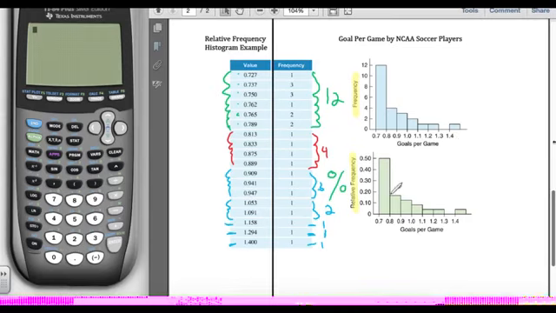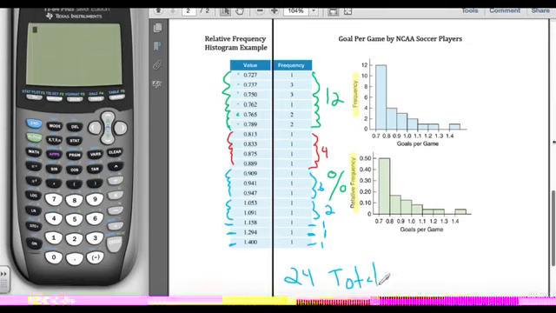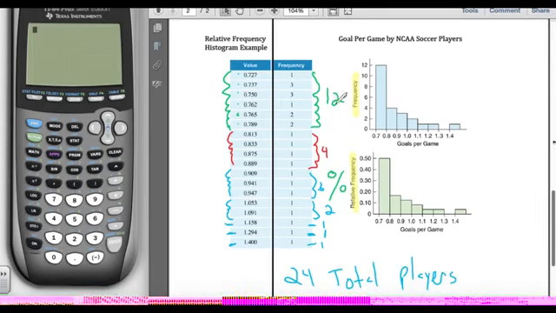The green histogram, the relative frequency histogram, looks very similar. The only difference is we have these percentages along the side. If you add these numbers together, that is going to give you 24 total players in this sample. 12 plus 4 plus 3 plus 2 plus 1 plus 1 plus 1 is 24.